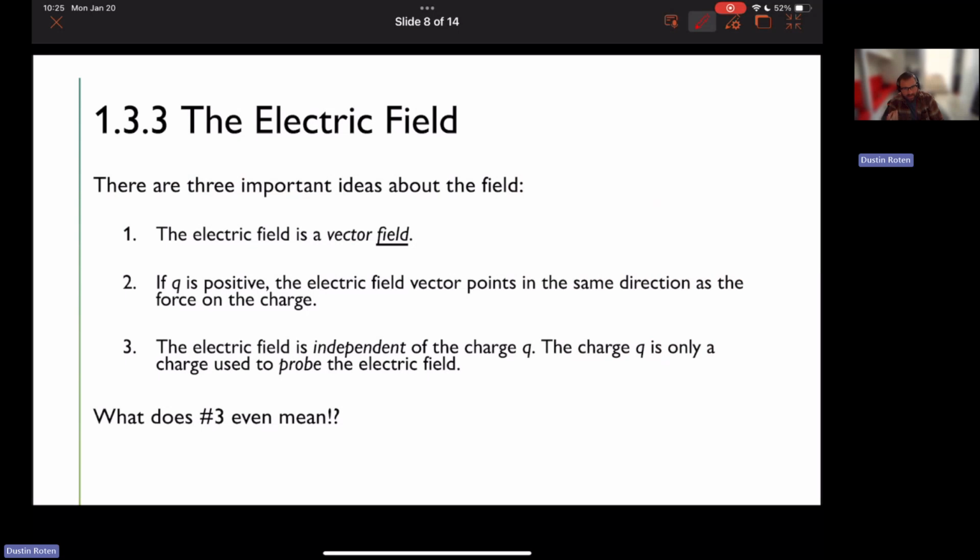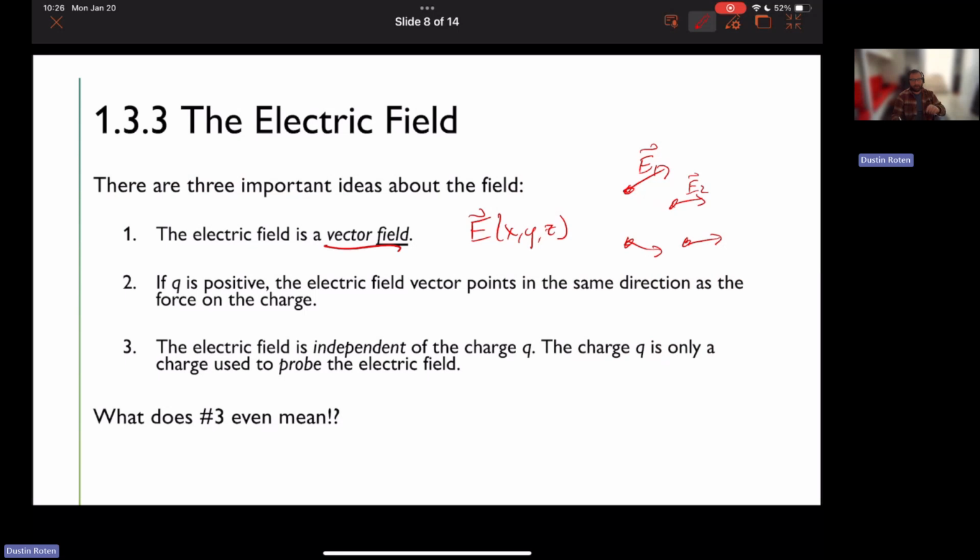Okay, so there's three important ideas here that you need to keep in mind. So the electric field is a vector field. That means everywhere you go in space, everywhere you go, depending on what's going on, you're going to have some vector everywhere.